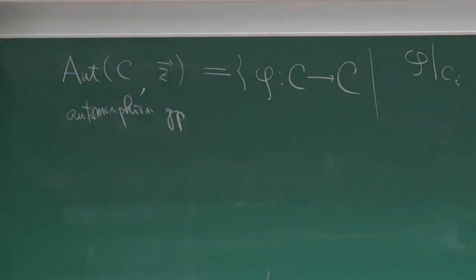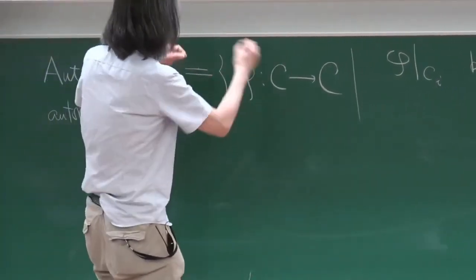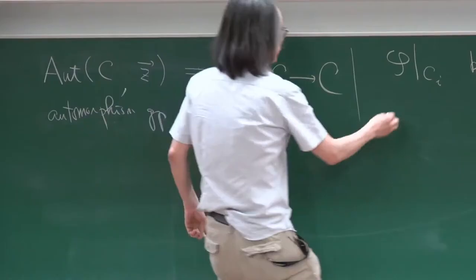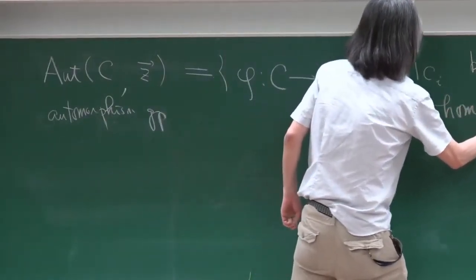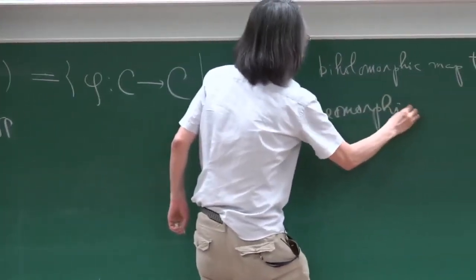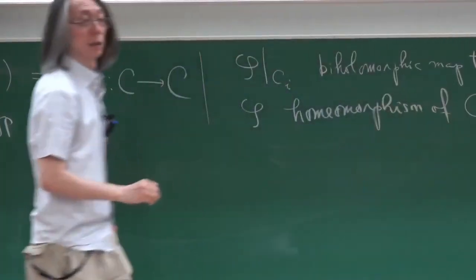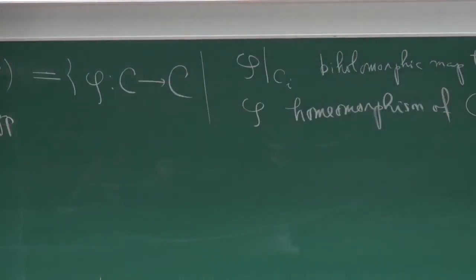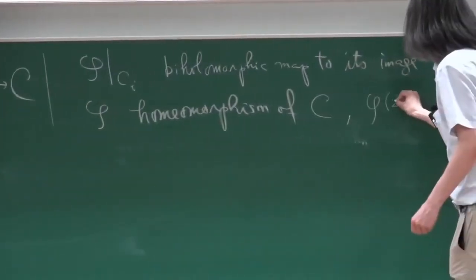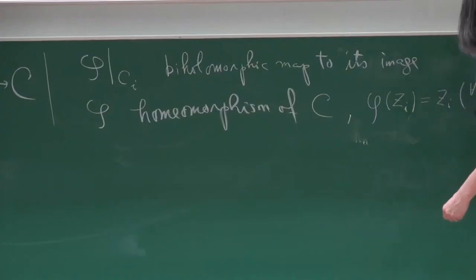And nodal points have to be mapped to nodal points, in a consistent way. So therefore, I just assume phi is a homeomorphism of this C. And finally, for each marked point, I assume that zi is mapped to zi for any i from 1 to k.